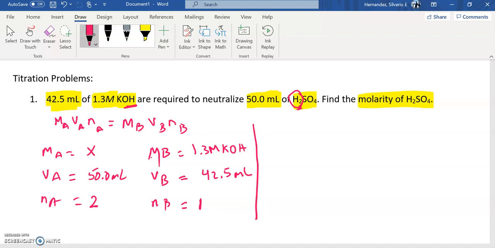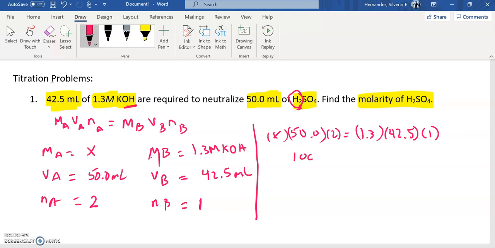So now here I'm just going to simply plug it into the equation, and so I get x times 50 times 2 is equal to 1.3 times 42.5 times 1.